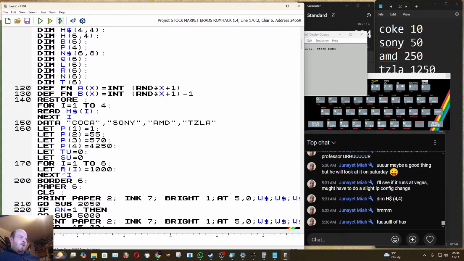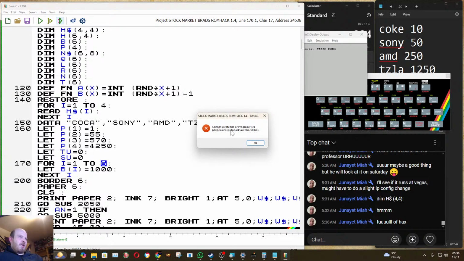What does B do? Is it a Boolean? If this wasn't 1 to 6 and this was 1 to 7, would that affect things?